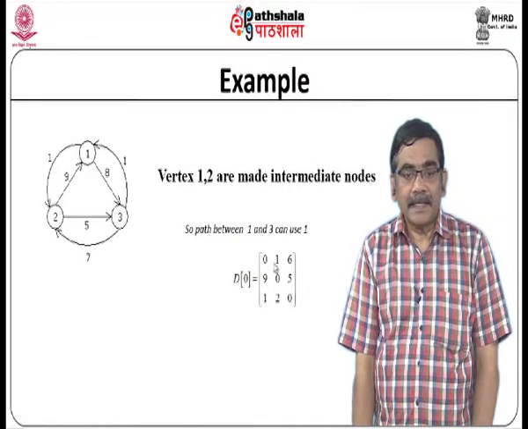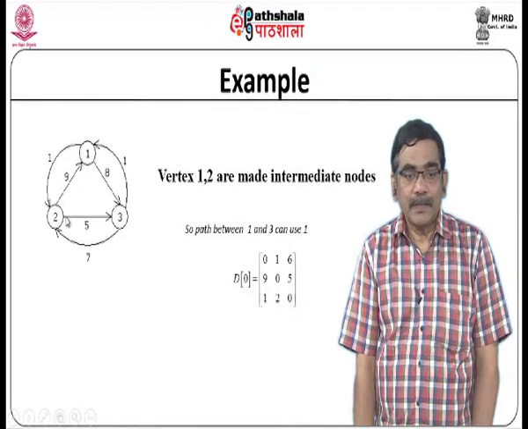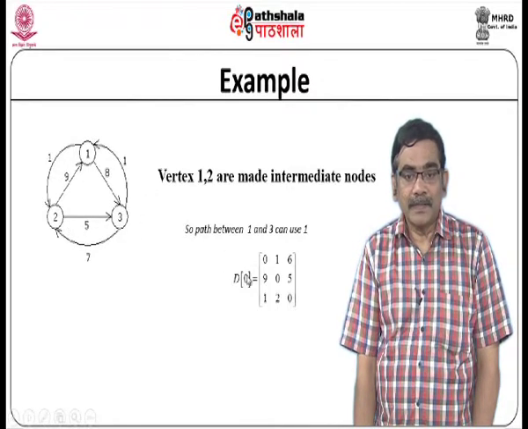In the next iteration, 1 and 2 are made the intermediate nodes. That means the path between 1 and 3 can come via 1 to 2 and 2 to 3, so it is going to be 6 now.